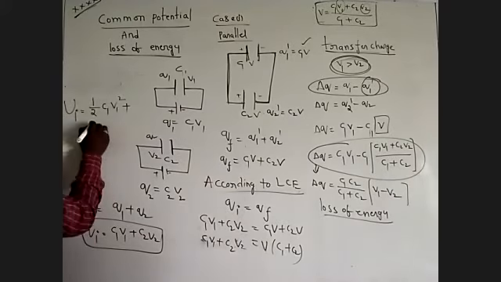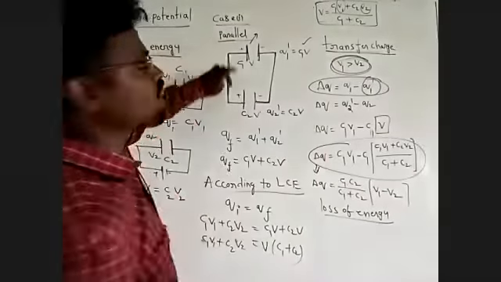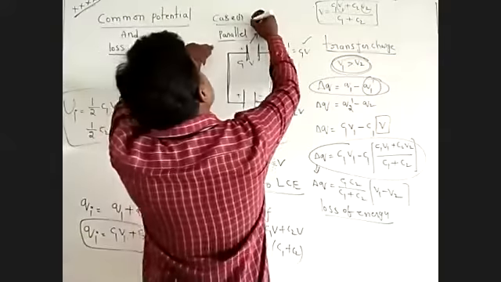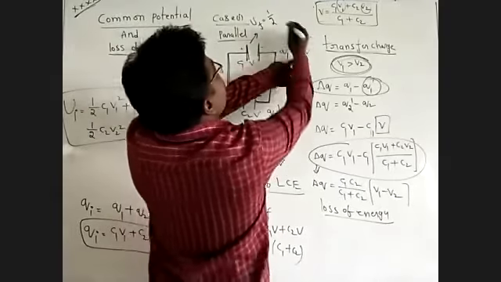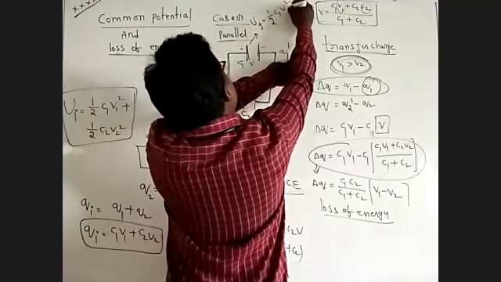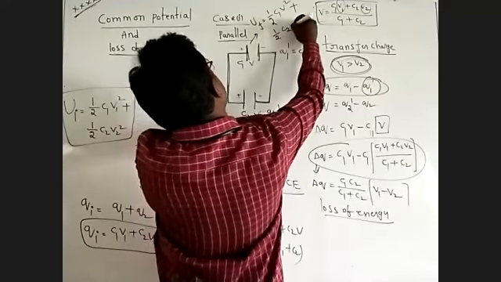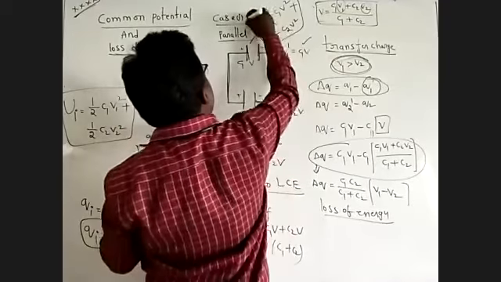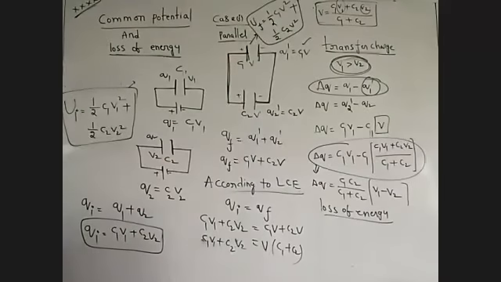This is the initial energy. Now the final energy: we have the two capacitors, so U final is equal to half C1 V square plus half C2 V square. This is the final energy for this one.